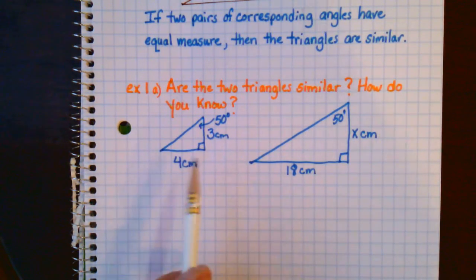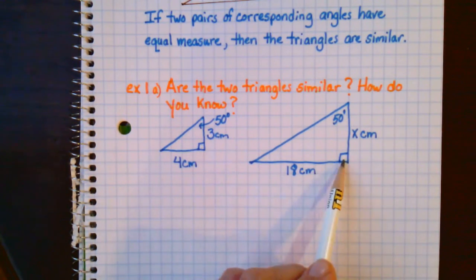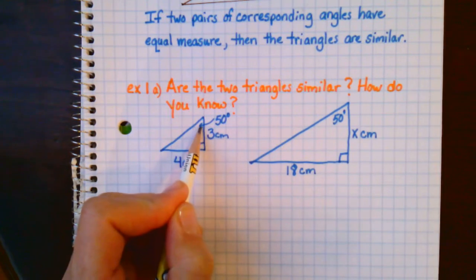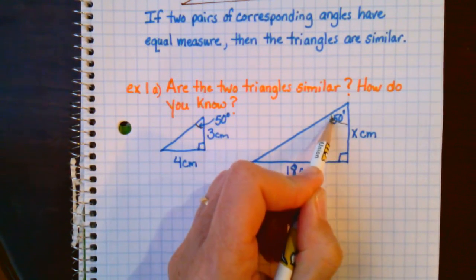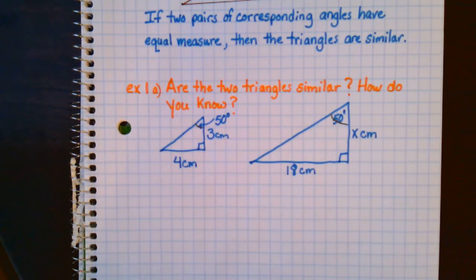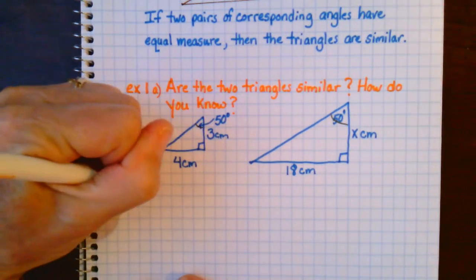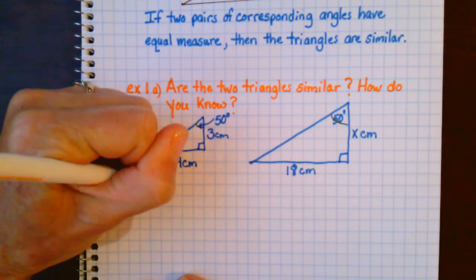So the right angles are already marked similarly, so we know that's one pair of corresponding angles that has equal measure. And then this top angle, the 50-degree angle, also has equal measure. So there's a second pair of corresponding angles with equal measure. So the answer is yes, the two triangles are similar.